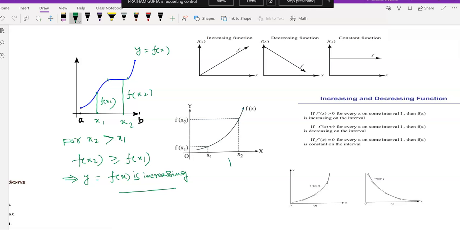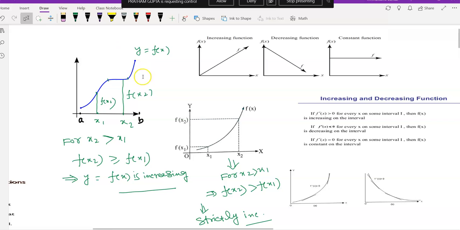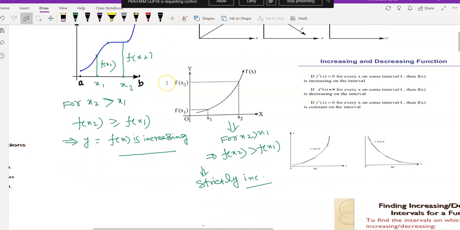So for this one, for x2 greater than x1, it implies f(x2) greater than f(x1). This is the case of strictly increasing.